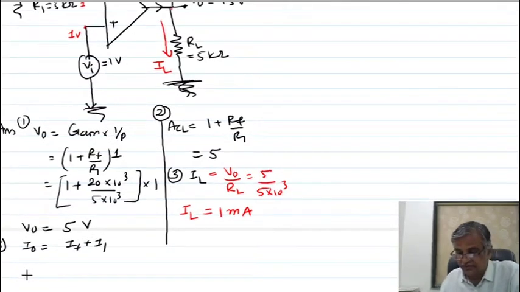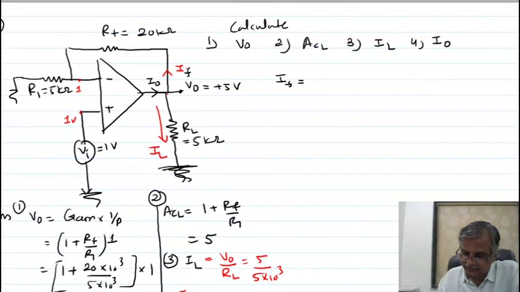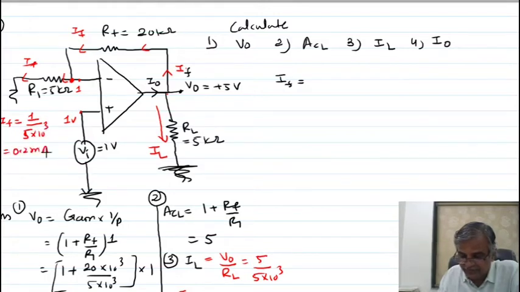What is IF? You can find this in many ways. Look here, this current will flow like this, this is your IF. So IF is nothing but the voltage at this point upon R1, so 1 upon R1, 0.2 milliampere.